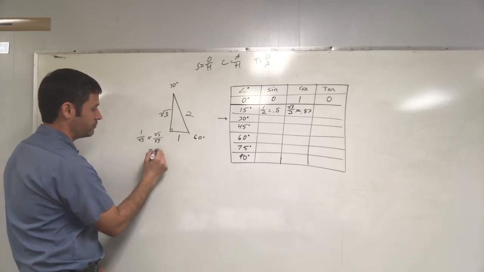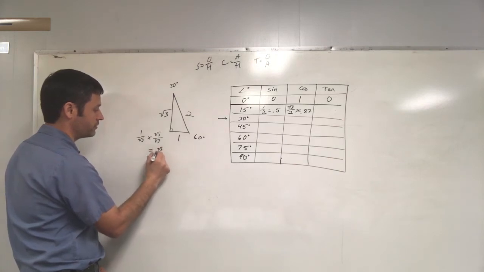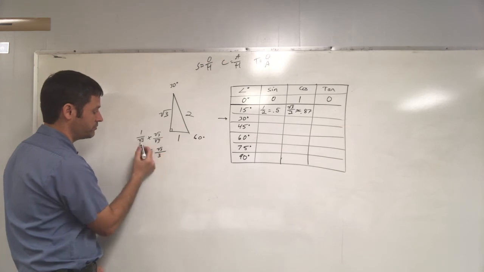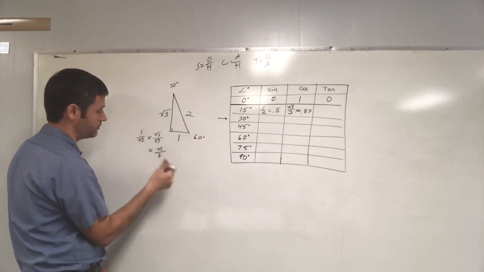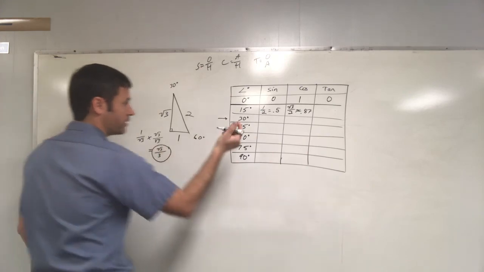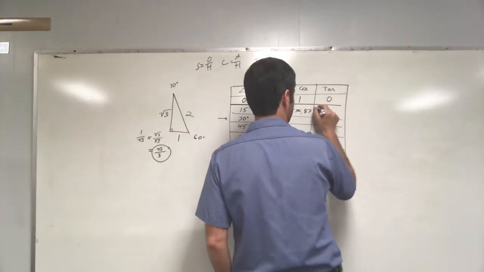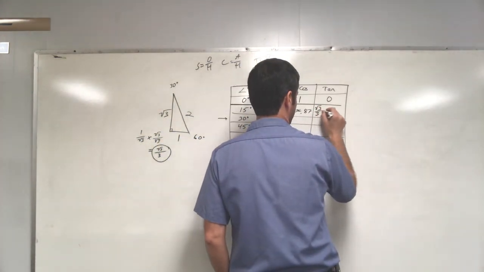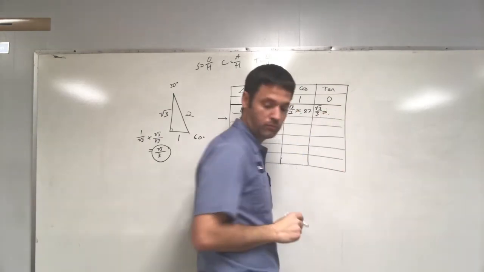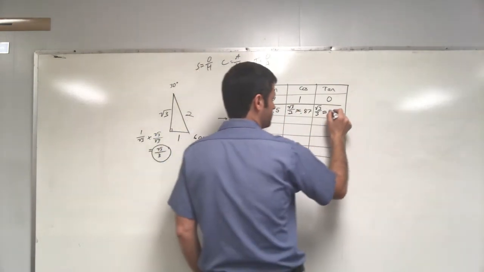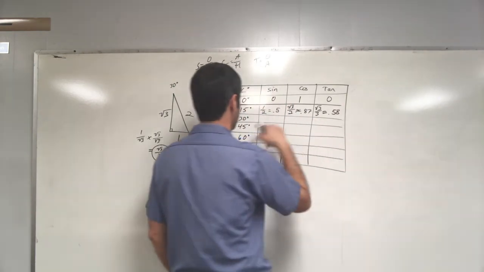You get square root of 3 on top, and 3 on the bottom, because the square root of 3 times the square root of 3 is 3. So the tangent of 30 is the square root of 3 over 3, and that is approximately equal to 0.58.